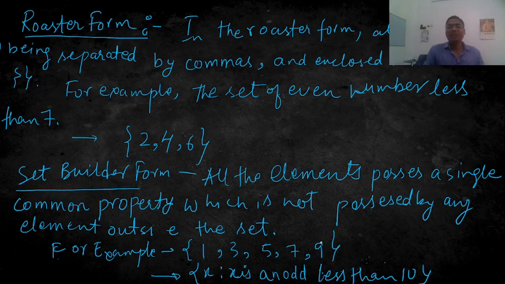All the elements I have listed here are odd numbers, and these odd numbers are always less than 10.